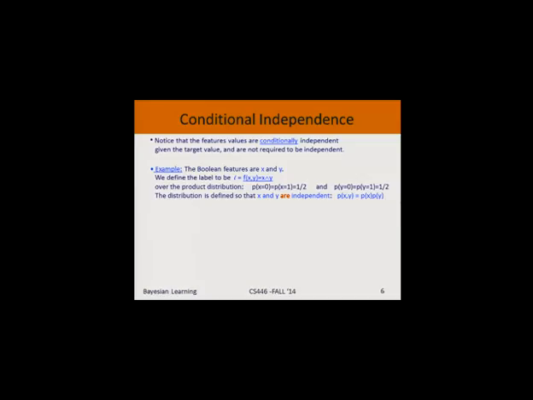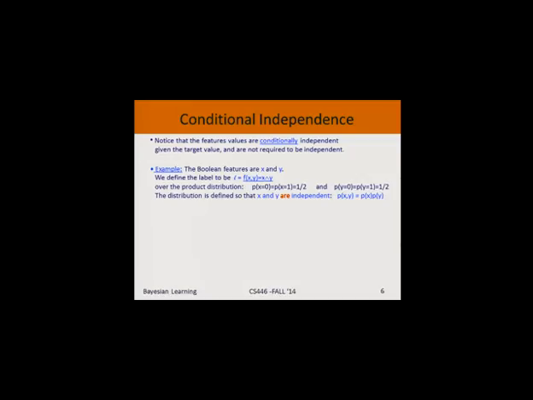And I'm defining a probability distribution, the product distribution over the uniform distribution. So I'm assuming that x is 0 or 1 with probability half-half. y is 0 or 1, probability half-half.